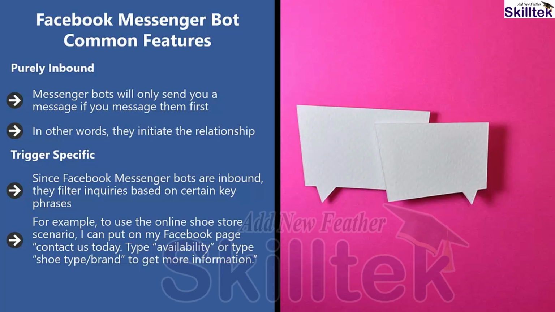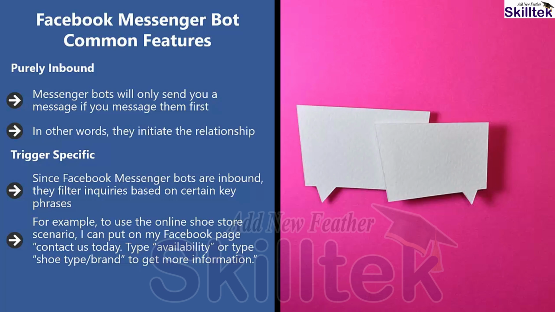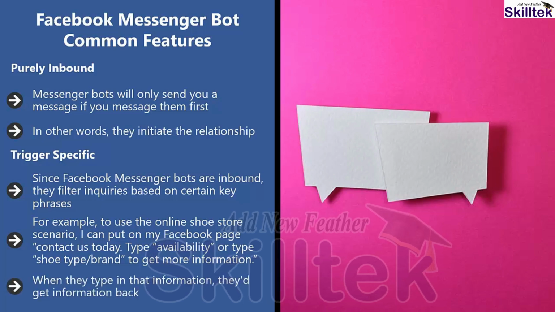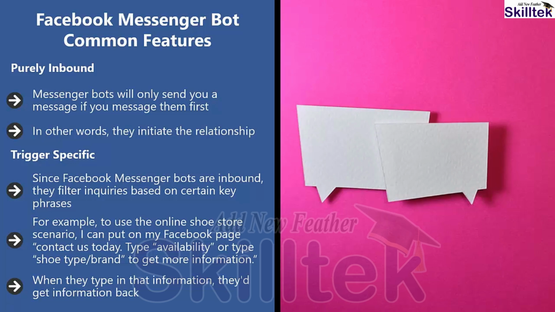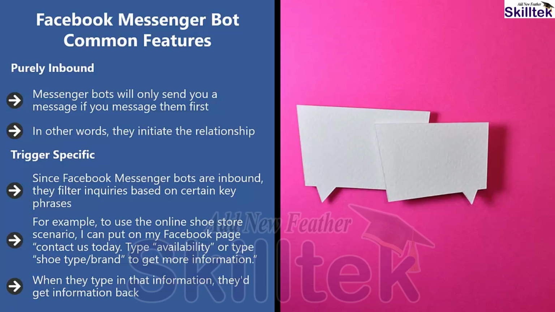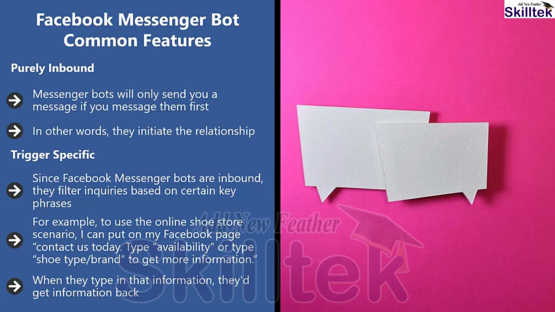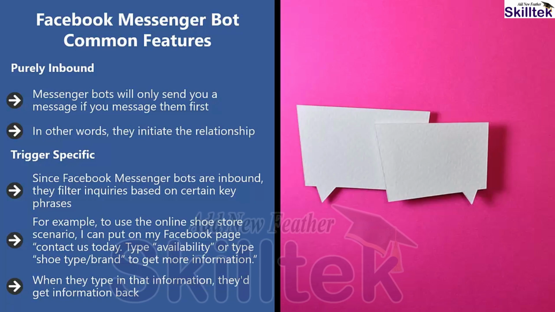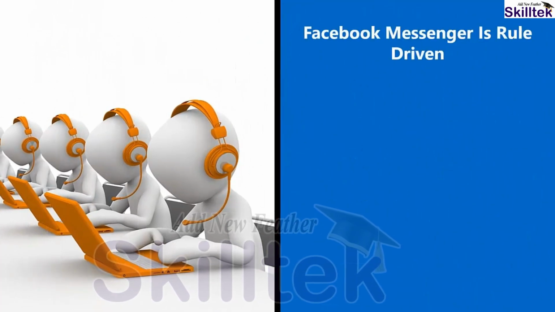Basically, I'm giving a cheat sheet to prospective buyers on how to use my Facebook Messenger bot. When they type in that information, they'd get information back. If they type the wrong information and it doesn't prompt the right feedback, I can put a generic catch-all message that notifies them that I read all engagements, and once regular business hours resume, I will get in touch with them through Facebook Messenger.